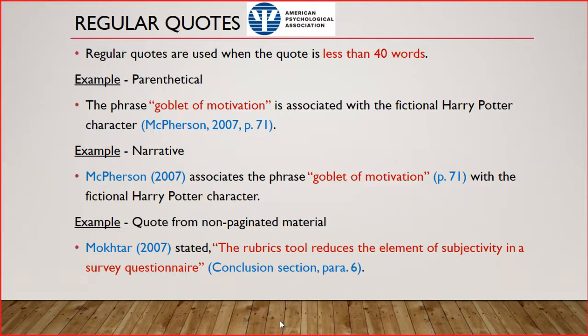For example here, this example I use a narrative, but parenthetical is similar. Let's say Mohtar 2007. That is me. I am Mohtar now. In publication it becomes my father's name. So Mohtar 2007 stated. This is the one in red.